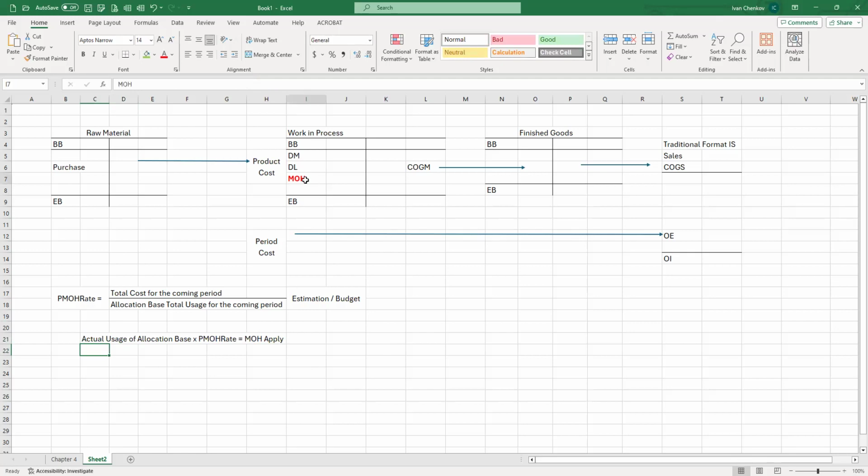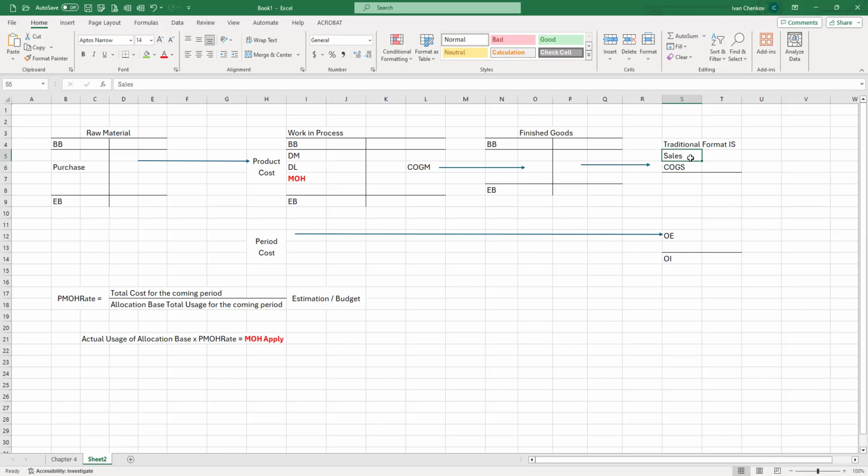And that's how we solve our problem with the manufacturing overhead. That's how simply we solve it. Now I can get the product cost. Now I can transfer my product cost to finished goods, and now I can sell it to my client, and I can calculate my cost of goods sold.